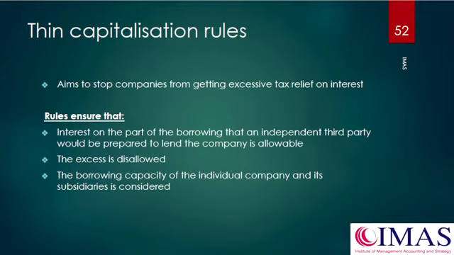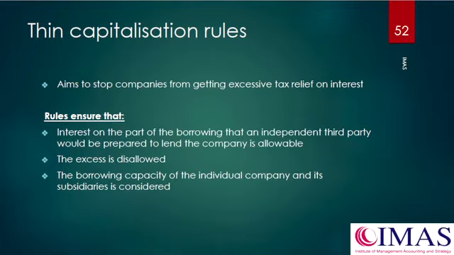Or you might have a situation where the subsidiary could have got a loan of 100 million from the parent, but ordinarily if they'd gone to the bank, they could have maybe only got 50 million. So the thin capitalization rule tries to stop companies from getting excessive tax relief. They only get tax relief that is equivalent to the loan interest that they would have paid if this transaction was an arm's length transaction.